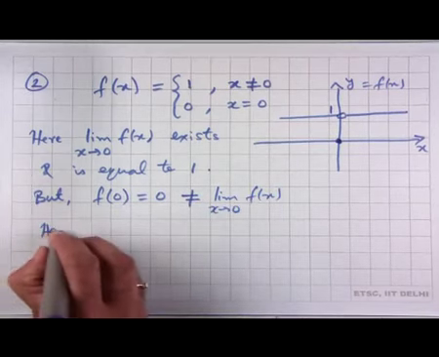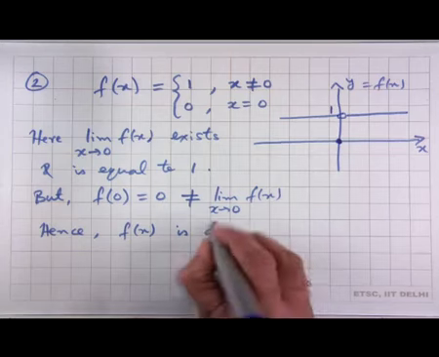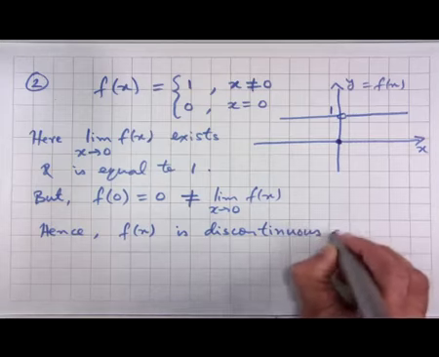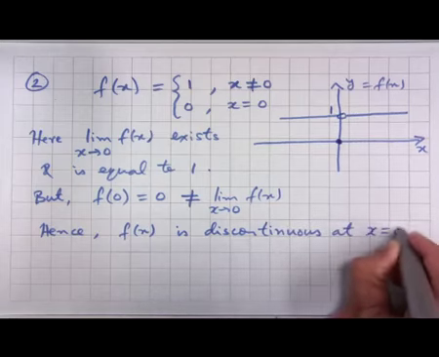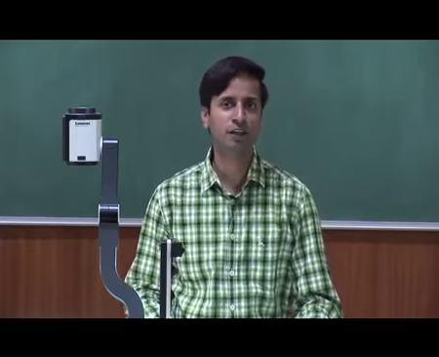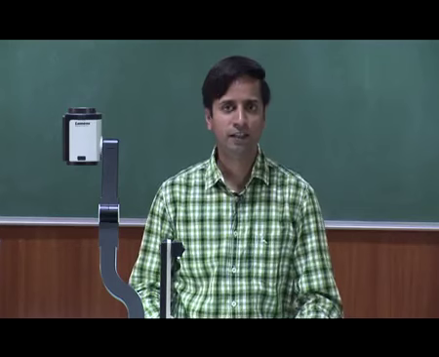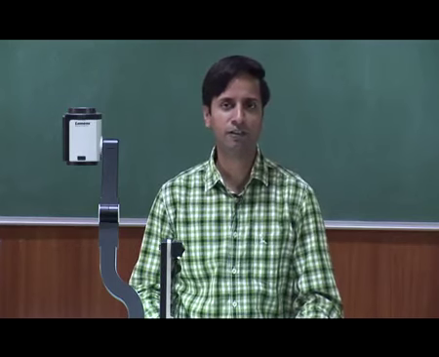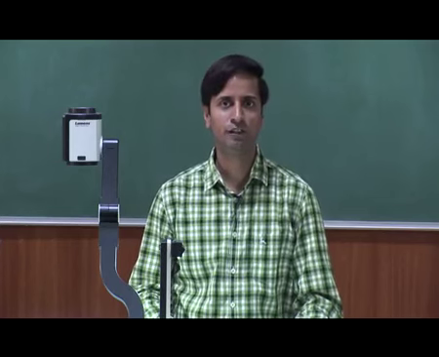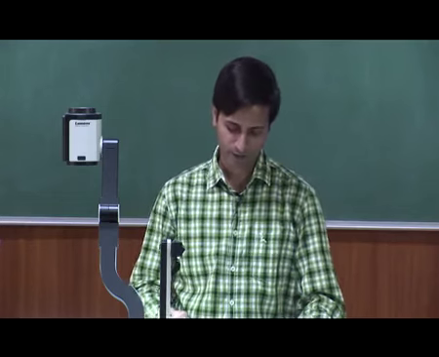Hence, the function f of x is discontinuous at x equal to 0. So, we have seen two examples. In one, the limit of the function did not exist at a point and therefore the function cannot be continuous at that point. Another example was where the limit exists and the function is defined at that point, but the value of the function is not equal to the limit. So, therefore, again the function is discontinuous at that point.